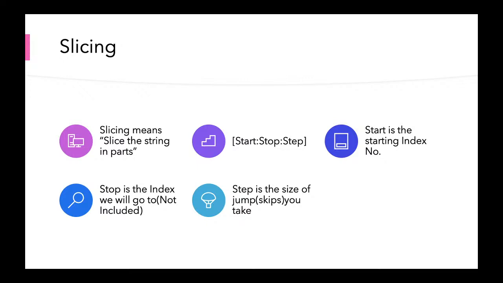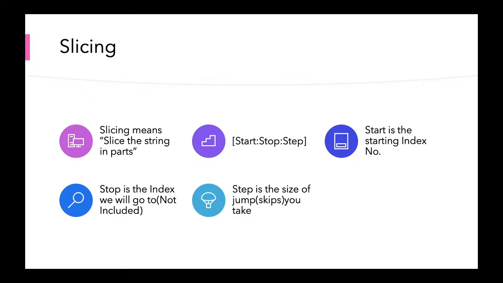That's why I say indexing is very important. It can't be skipped. Start is the index number from where you want to take the slice. So if you want to take the slice of a piece of bread from the corner, but you don't want to take the border, the brown part of it, you will neglect that.